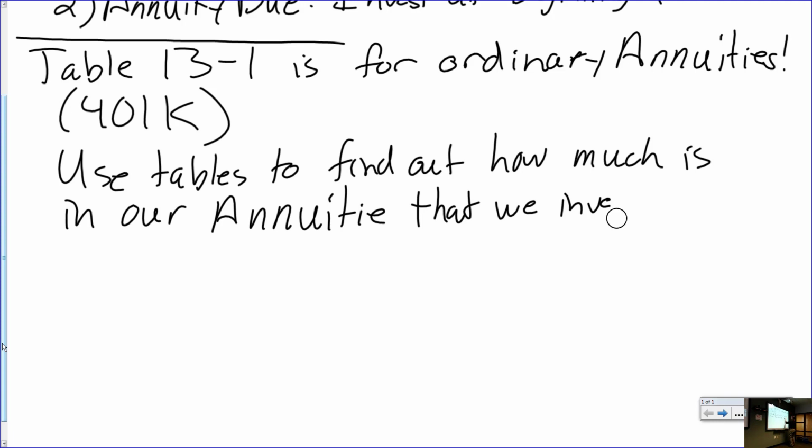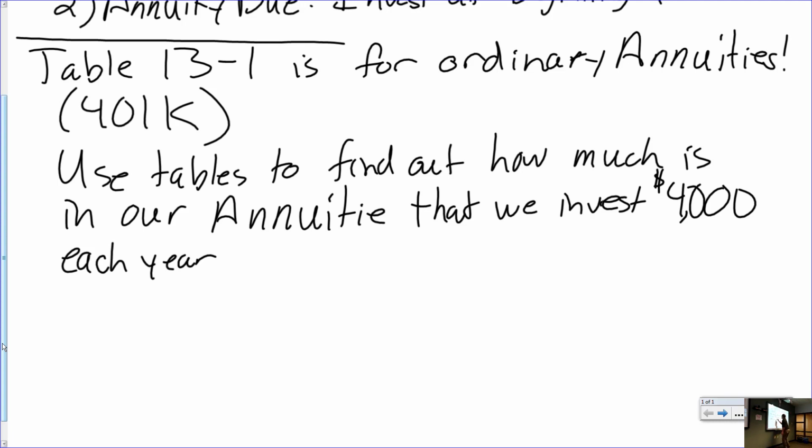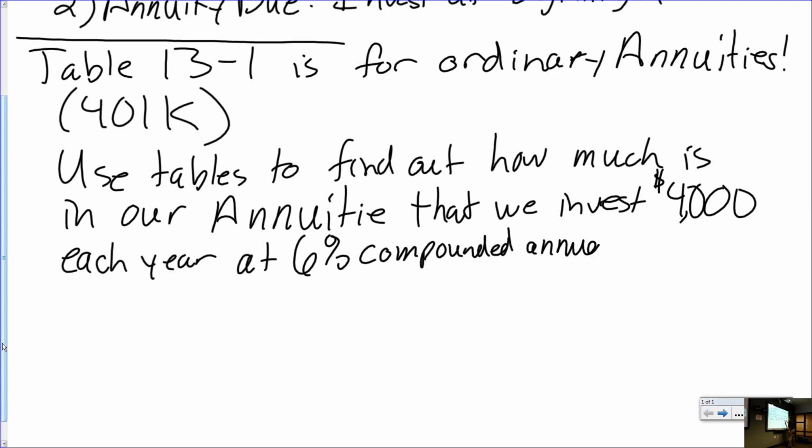Invest $4,000 each year at, what was it, 6%? Is that what we did last time? Yeah? Okay. At 6% compounded annually.